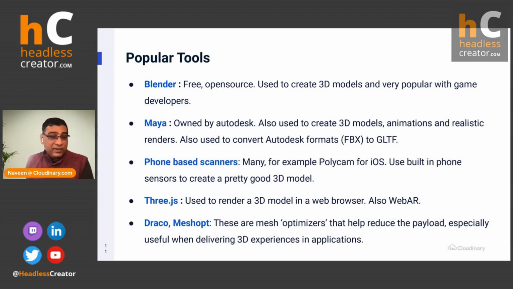And then finally, we talked about optimization. There are some specific libraries, and I would call them toolkits, out there called Draco and Meshopt. Again, I'm thinking about when the production of the model is done. You've done the format conversions. Now you need to be able to deliver it effectively. That is where Draco and Meshopt come into play.